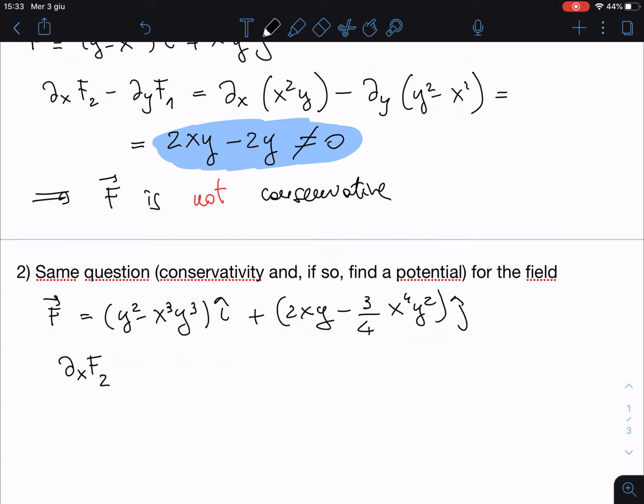So dx f2 minus dy f1 is equal to what? dx f2, this is what you have to differentiate with respect to x.